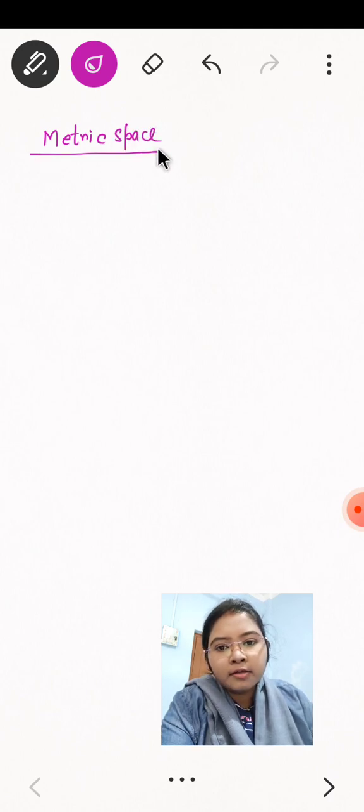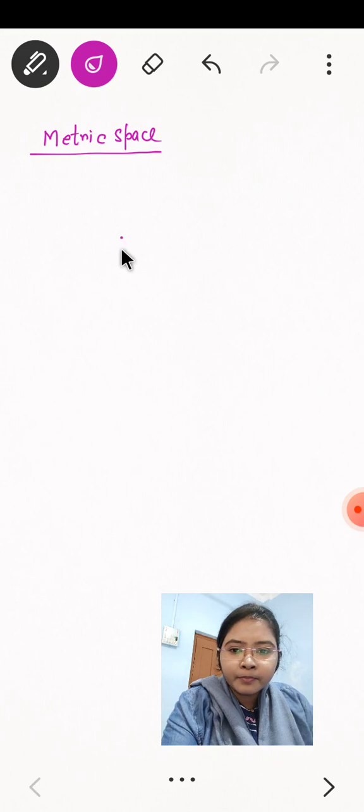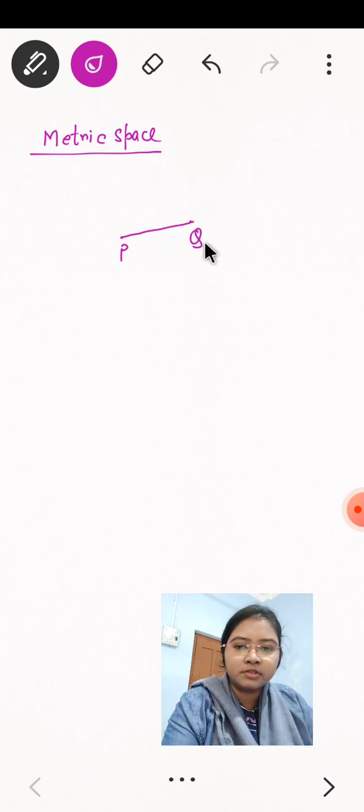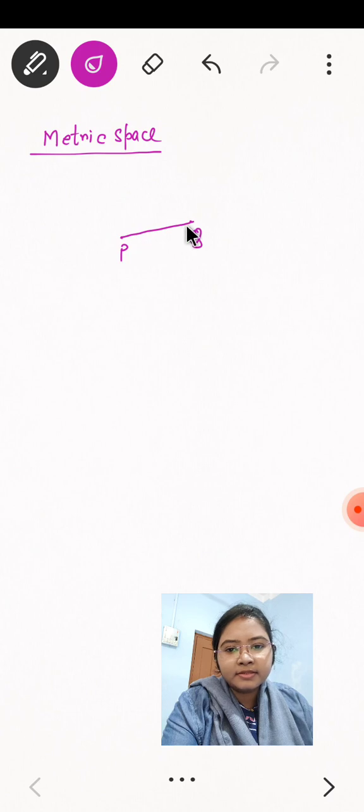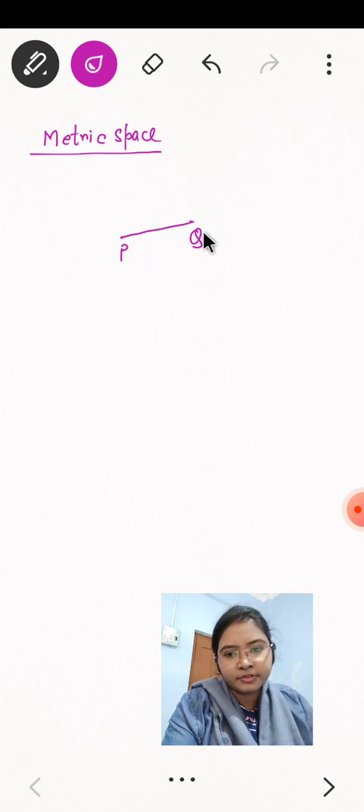So we all know about the concept of distance between 2 points. If we take 2 points, say P and Q, then the distance PQ is always greater or equal to 0. The distance is 0 if and only if the 2 points coincide.